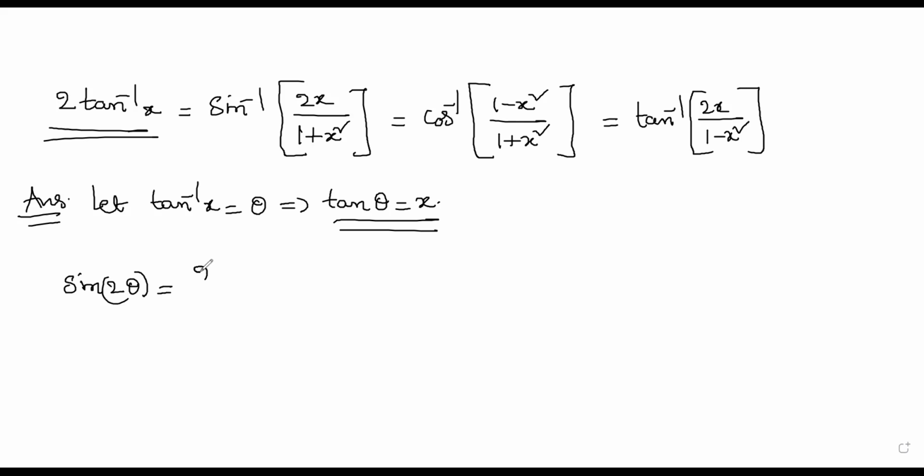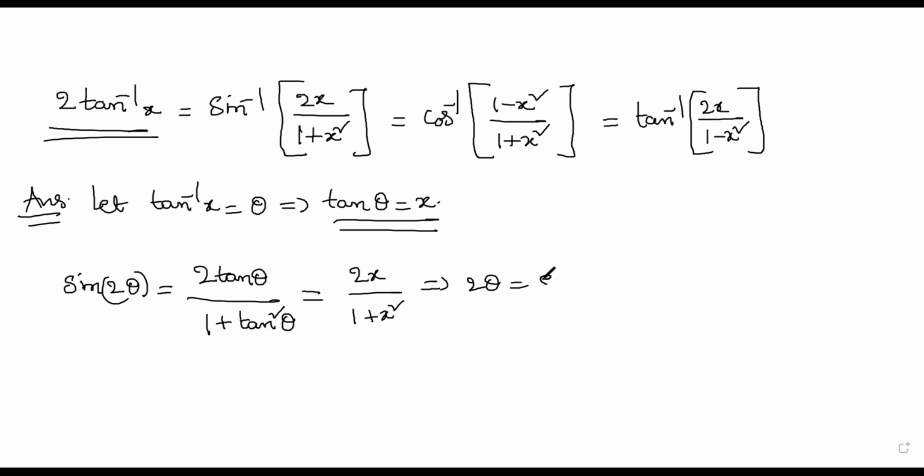Sine 2 theta is 2 tan theta by 1 plus tan square theta, so it is nothing but 2x by 1 plus x square. So I can write 2 theta as sine inverse of 2x by 1 plus x square. Theta you can replace with tan inverse x, so that becomes 2 tan inverse x. First part is over.